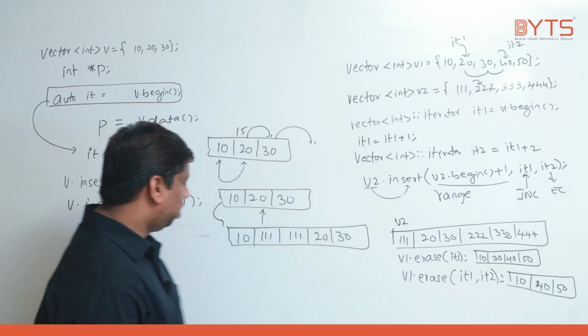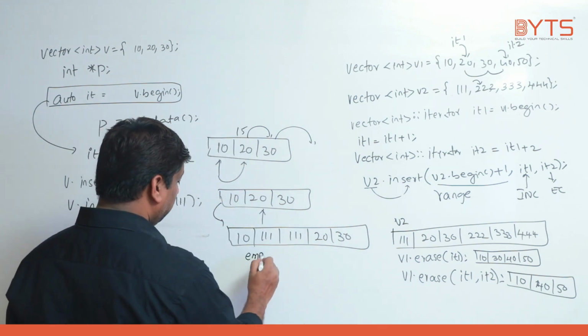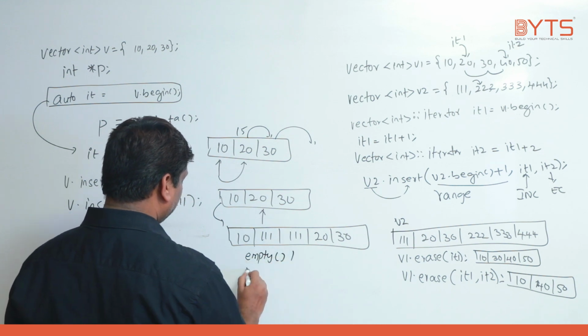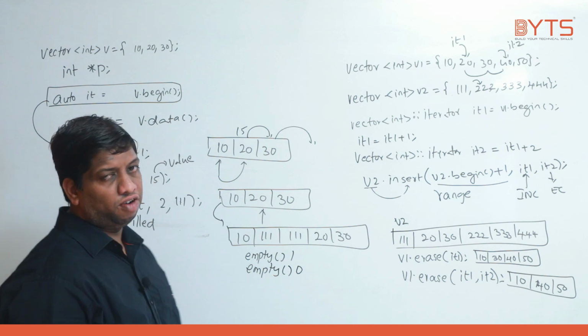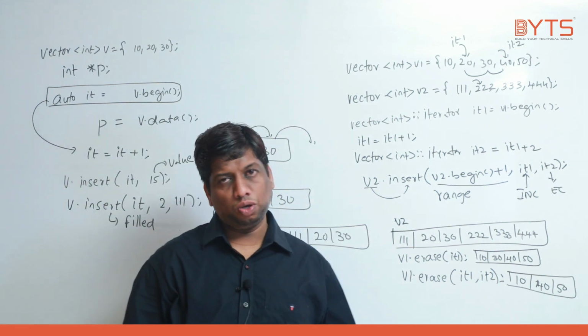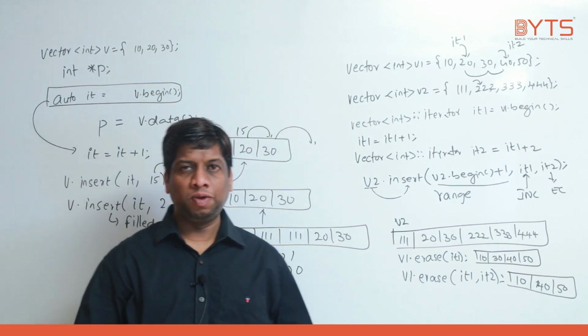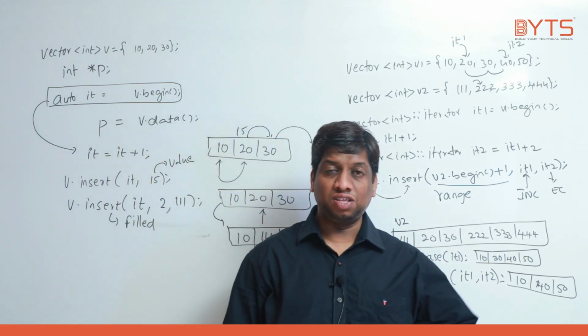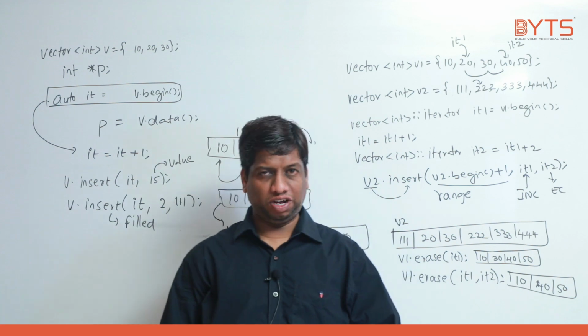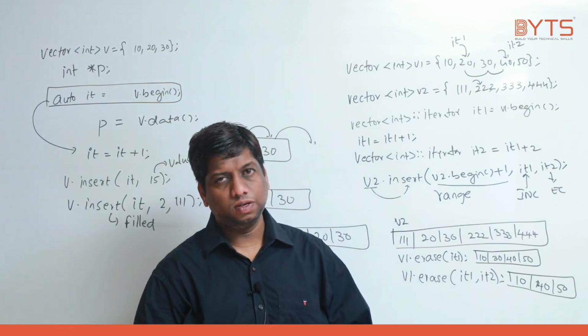And we know empty. If the vector is empty it will return 1. If the vector is not empty it will return 0. Empty is a common standard function which will return 1 or 0. And emplace is also the same. It constructs an element and inserts the value into the vector. I hope this is very clear.